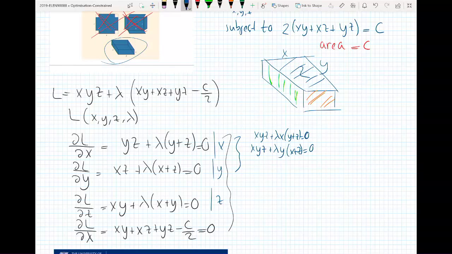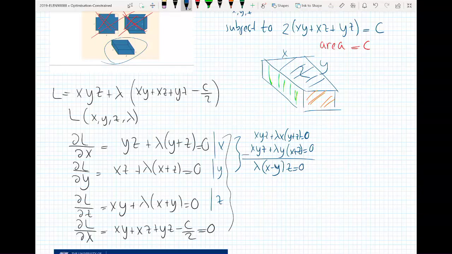Right? And if I subtract the two, what do I get? The xyz terms cancel out, the xy terms cancel out, and xz and yz remain. So z is here, and then it will be lambda z times x minus y equals 0.